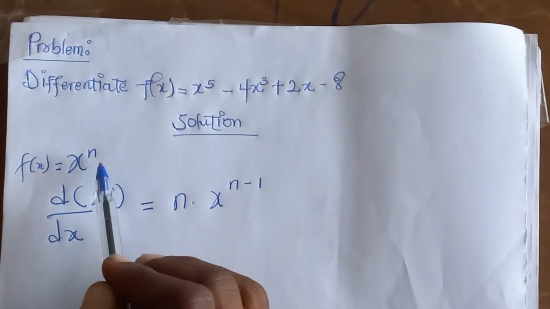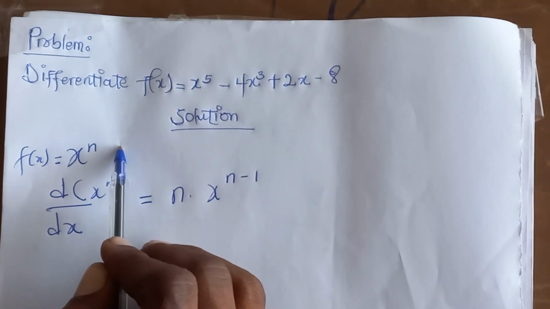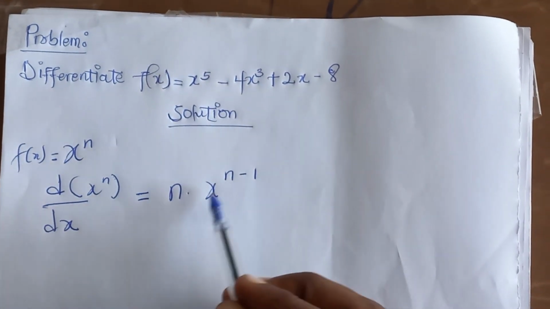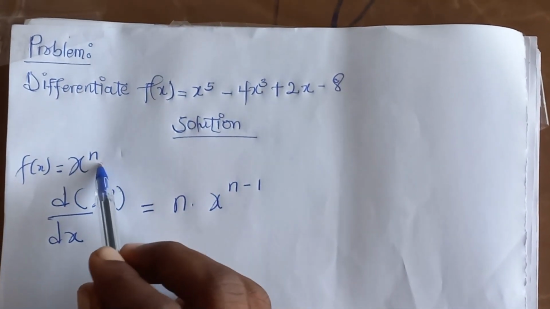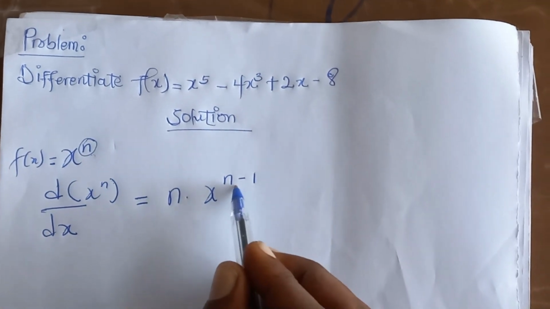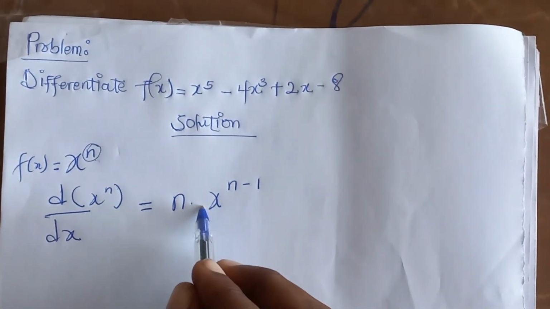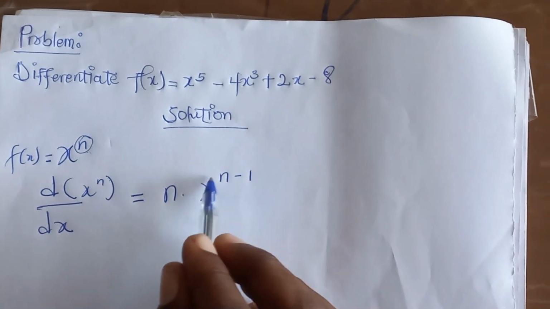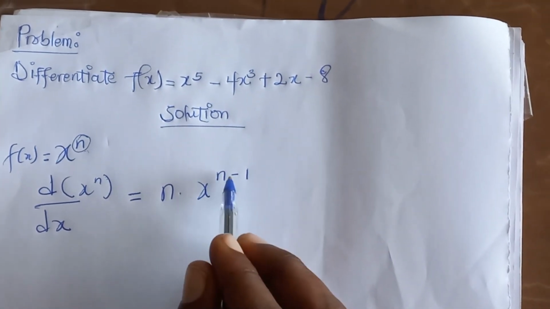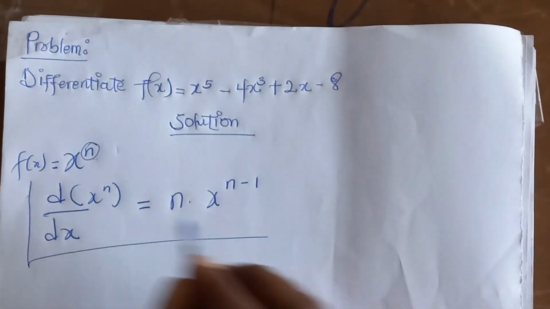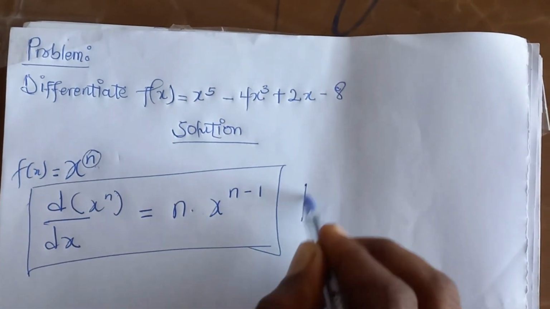The power was n, so you multiply n by the whole function here. After that, we subtract 1 from the power, that is the exponent. So this is what we call the power rule.